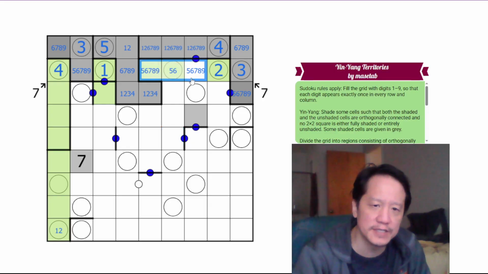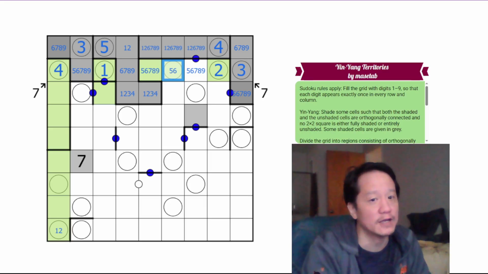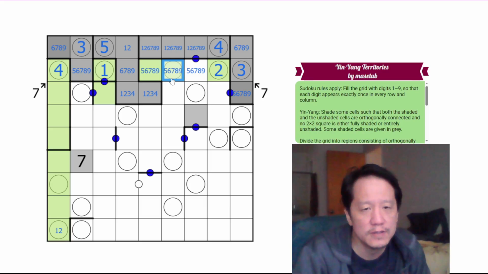This then must exit out for 5 or 6. Or actually, this could be 5 through 9. So it's at least 5, which means it has to go at least this way. So this is all unshaded. This blocks that way.